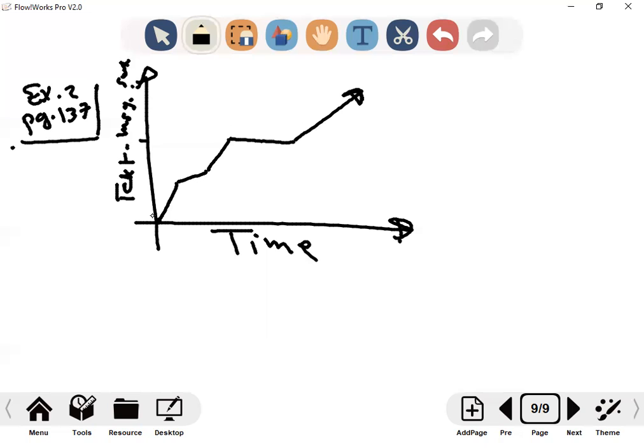Now with the horizontal line, the time is increasing, because time is always moving, right? But what was constant? The number of text messages. So the horizontal line means the time is increasing, but the number of text messages sent remains constant.